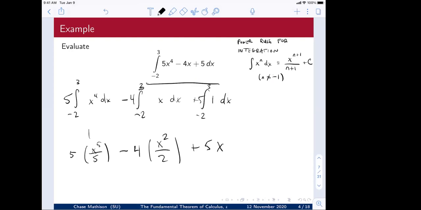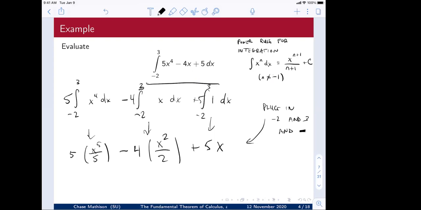So now I'm going to plug in. I'm going to show you some useful notation for writing out plugging in minus 2 and 3 and subtracting. Okay, there's some useful notation that says exactly this.